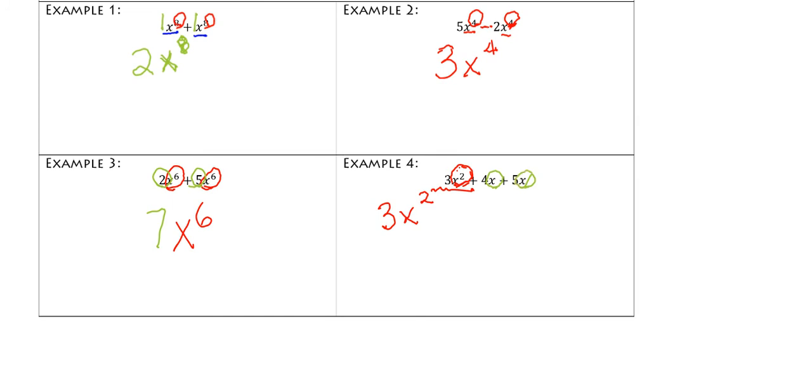Now the exponents on those are both 1. There was nothing written as exponent of 1. So x to the first, x to the first. So then we can go ahead and add their coefficients. So 4 plus 5. So it'll be plus 9x to the first. And we don't usually write the first power, it's just plus 9x.